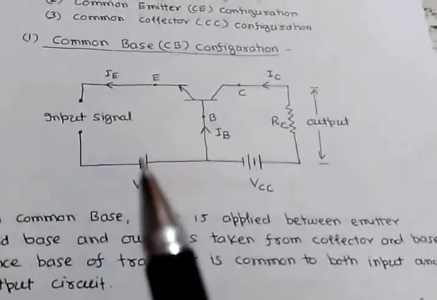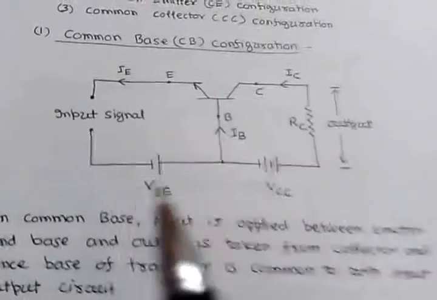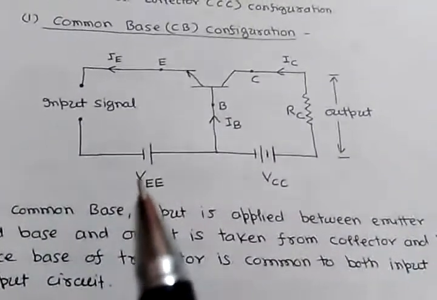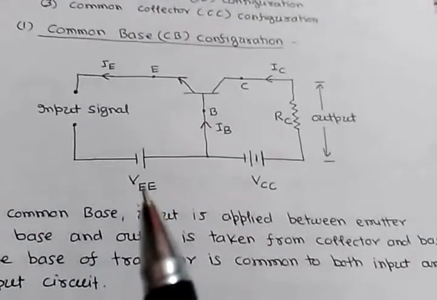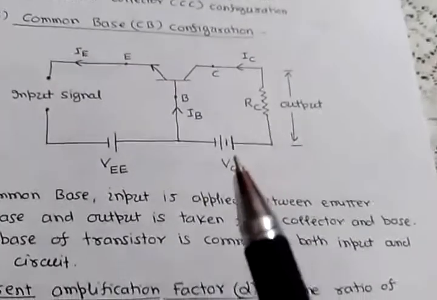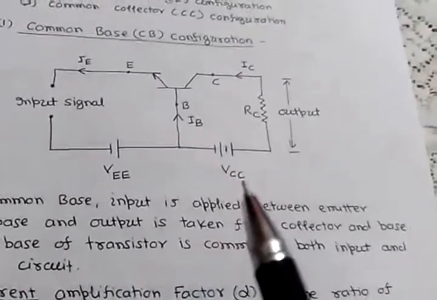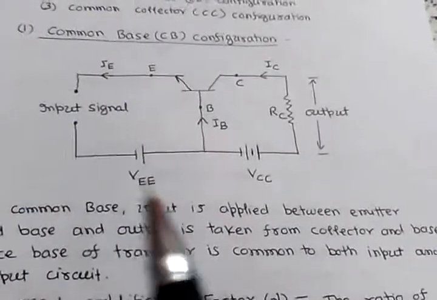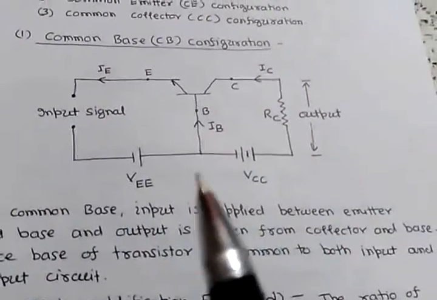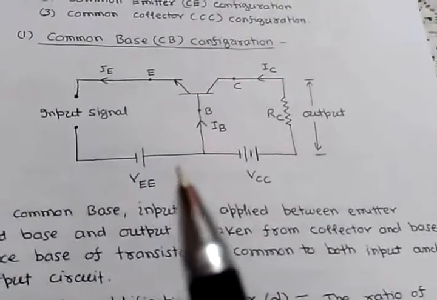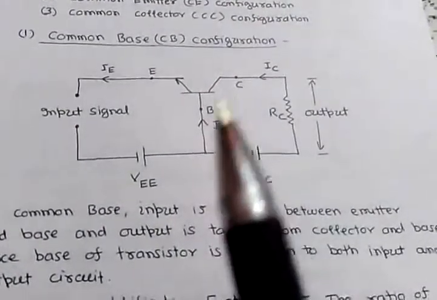In the input circuit, we have used an external voltage source VEE, and in the output circuit an external voltage source VCC. The purpose of using these external voltage sources is to provide the required biasing to the transistor.